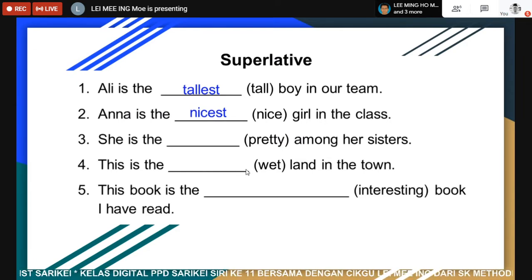Good. Now question number 3. She is the among her sisters. The given word here is pretty. So can you please type down the answer, the superlative form for pretty here? I give you a few seconds.